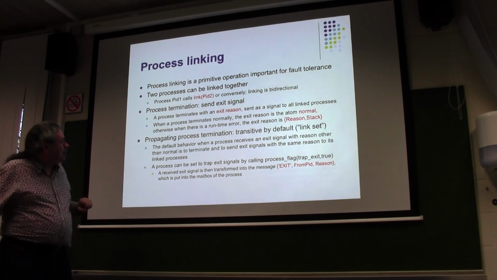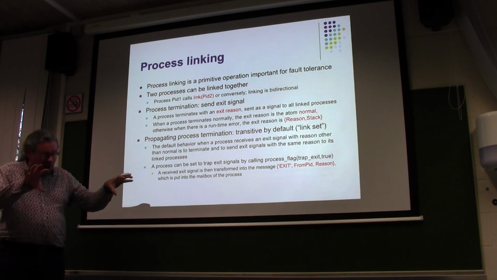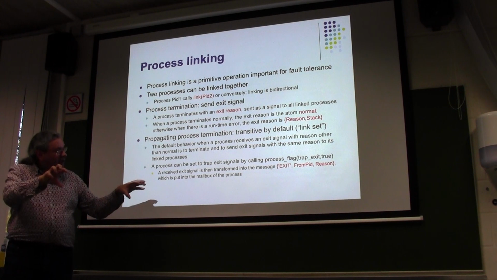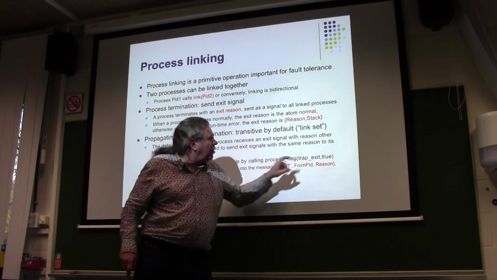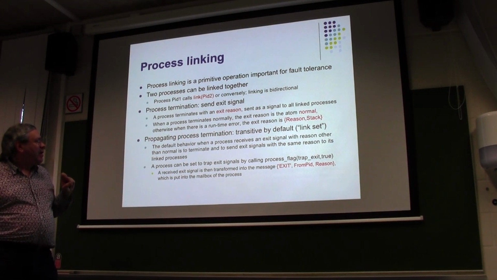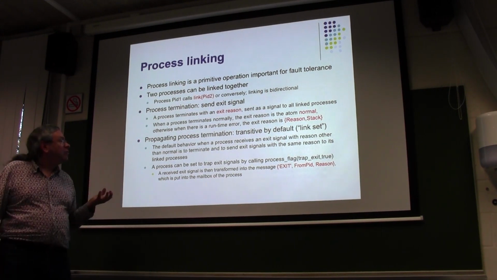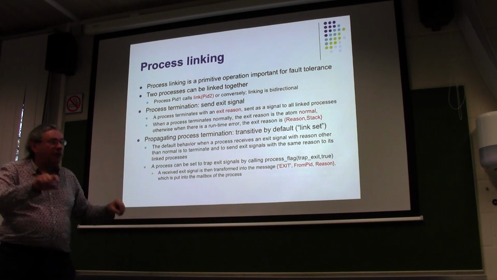That's the default behavior. But now you can change that default. If there are two processes linked, I can actually change my behavior. There's a flag called the trap exit flag. If I set that flag to true, then the signal is transformed into a message, and then I will not fail. So there are two possibilities.